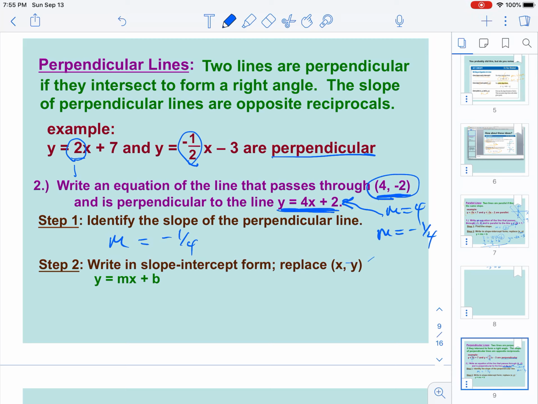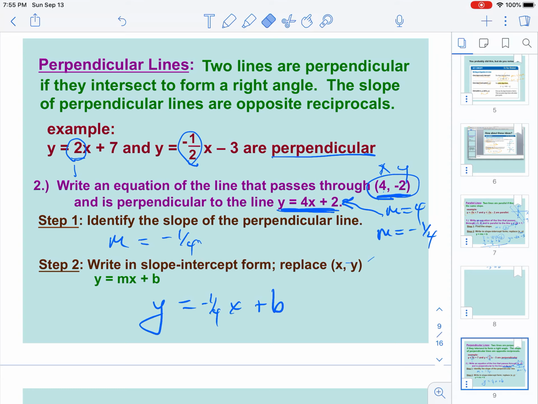Now, I have a point, I've got the slope, so I can do what I did in the last problem. I'm going to write y equals mx plus b. I'm going to plug in the slope of -1/4 here, and here's my x value and here's my y value.